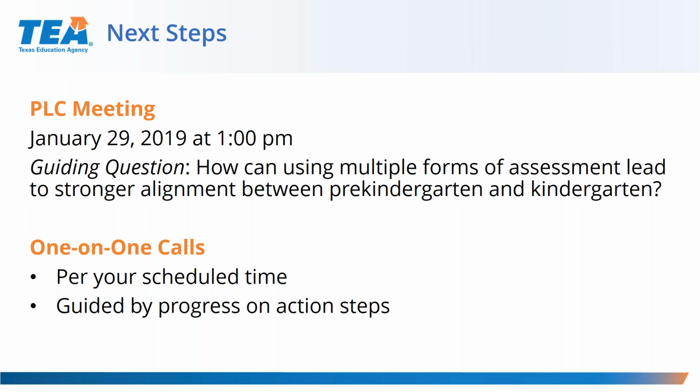Our PLC will be on January 29th at 1 o'clock. And our guiding question will be how can using multiple forms of assessment lead to stronger alignment between pre-K and kindergarten? And I earlier today sent out all of your invites for your one-on-one calls, and we will talk about where you're at with your assessment practices within your district.